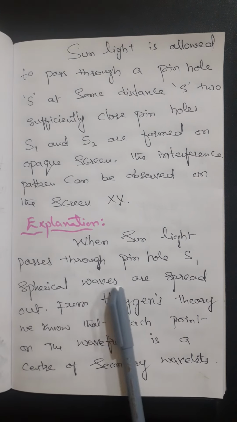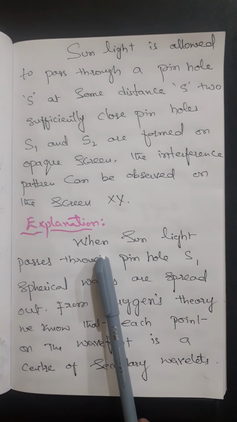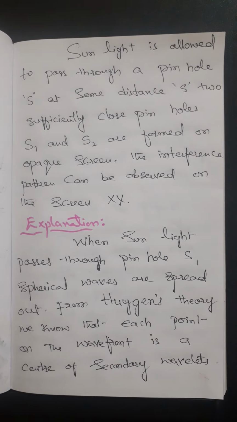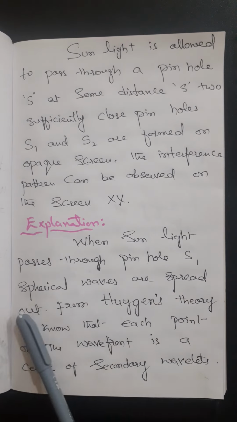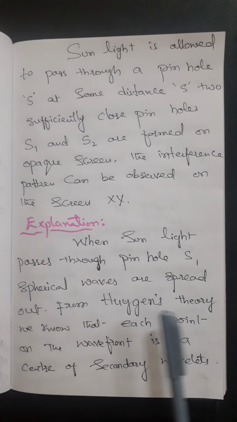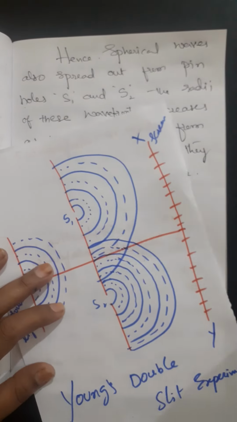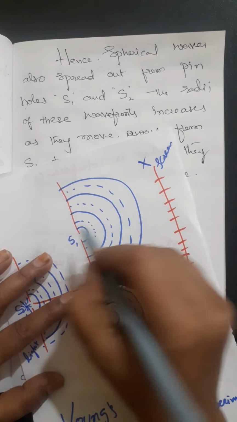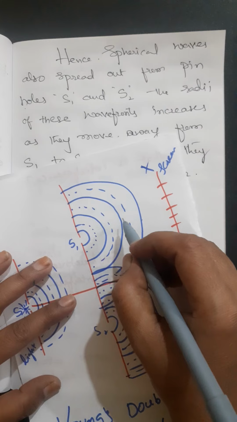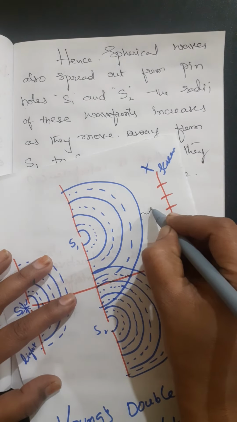Now the explanation for this. We know that when the sunlight passes through the pinhole S, spherical waves are spread out. From Huygens theory, each point on the wavefront acts as a secondary source of wavelets.